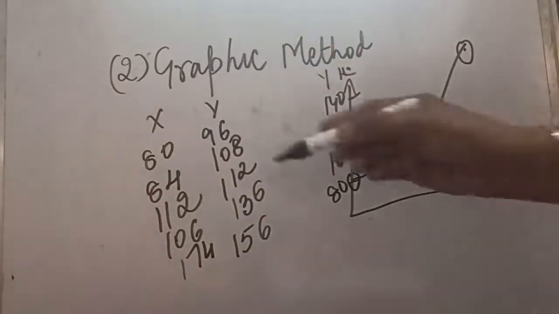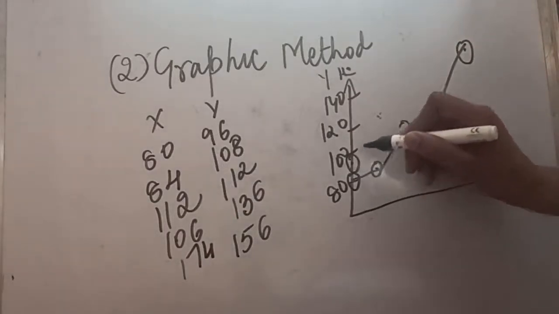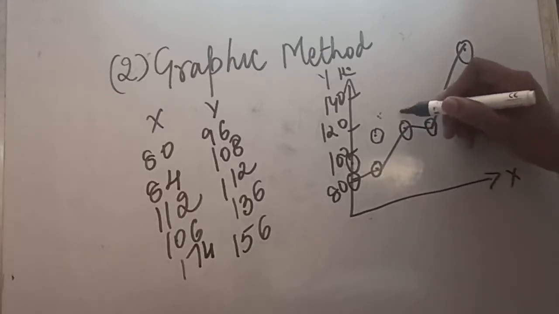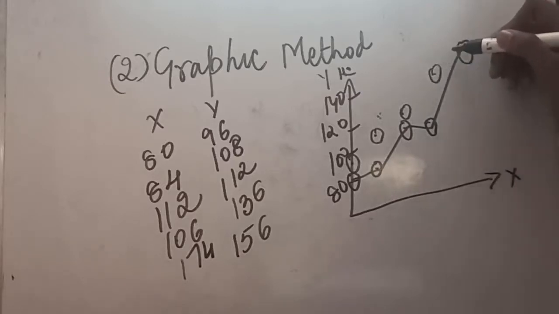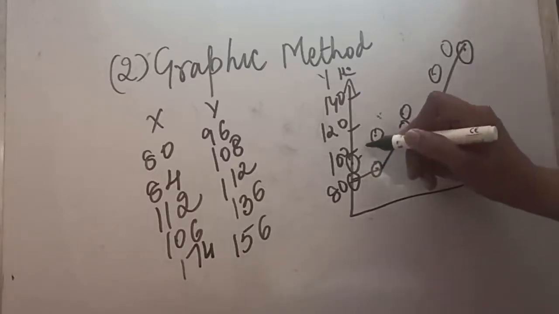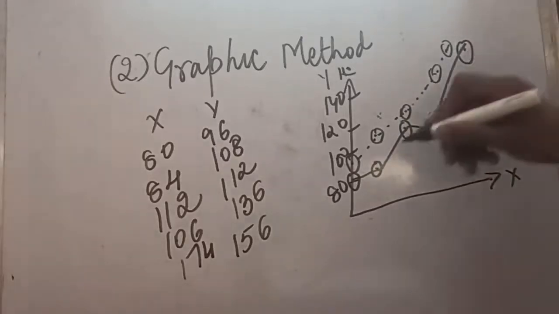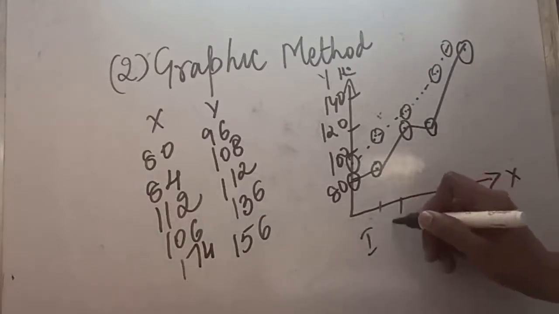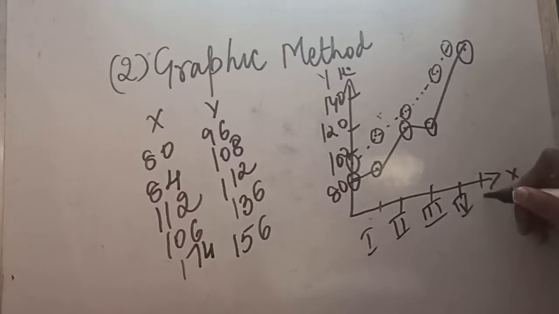Now coming to Y, 96 will be somewhere else. 108 is here. Then next will be 112, somewhere here. 136 will be here, and 156 will be here. So you can have a dotted line for Y. This is showing the figures of X, and this is showing the figures of Y. Here we can show the first value, the second value, the third value, the fourth value, the fifth value.